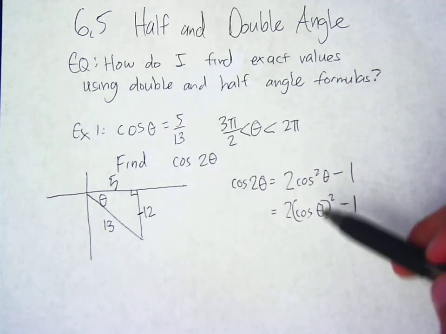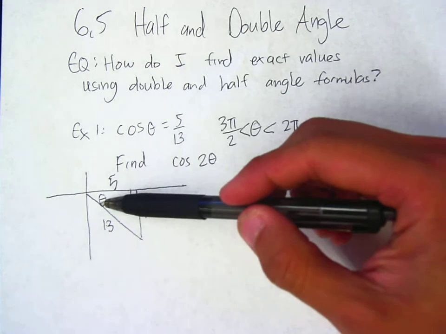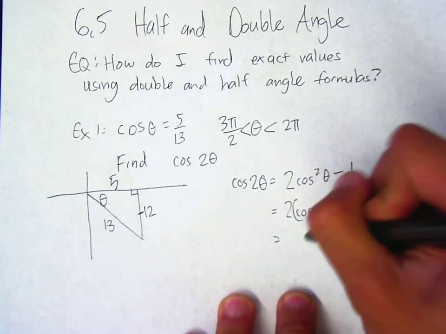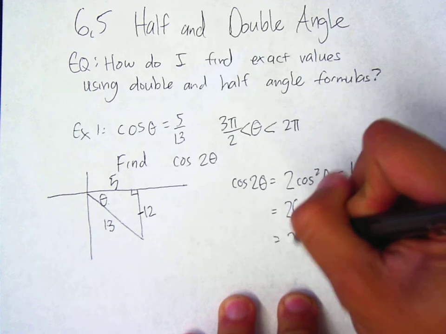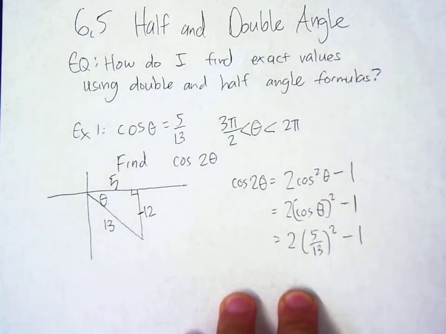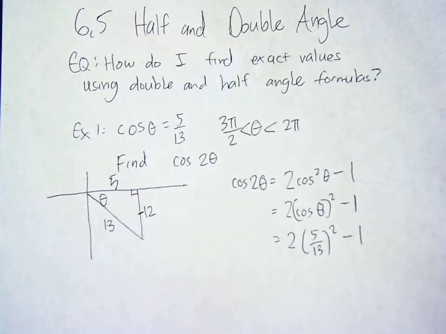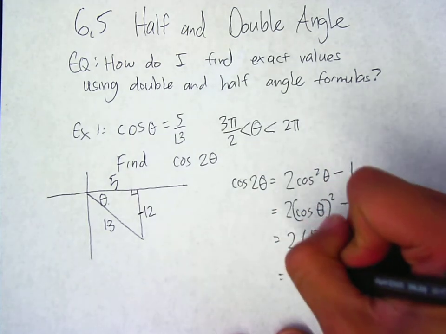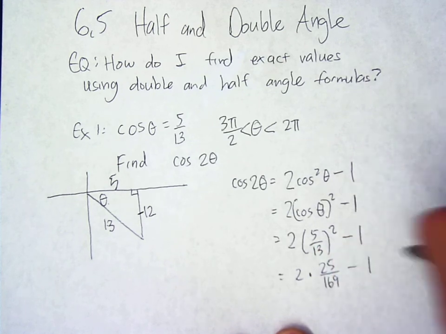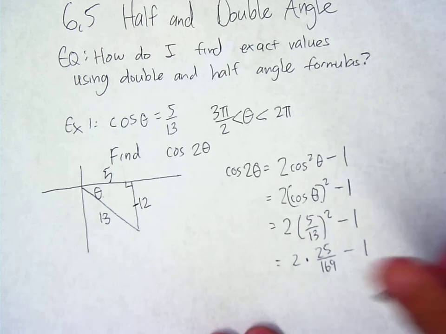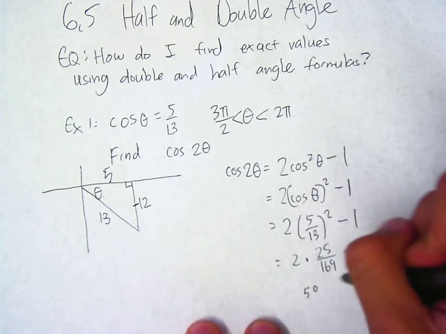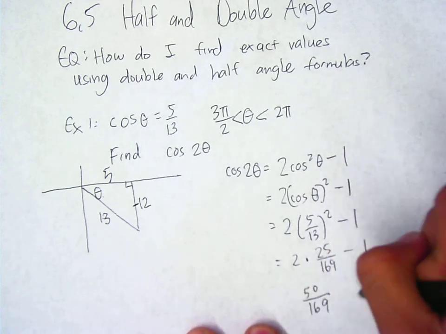It's still the same thing. Okay? So what is the cosine of theta? Well, the cosine of theta is 5/13. Actually, it was given to begin with. Okay? And therefore, it would be 2 times 5/13 squared minus 1. And then 5/13 squared equals 2 times 25/169 minus 1, which is 50/169 minus 1.